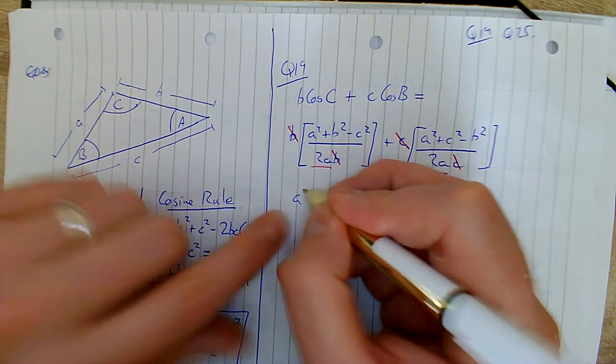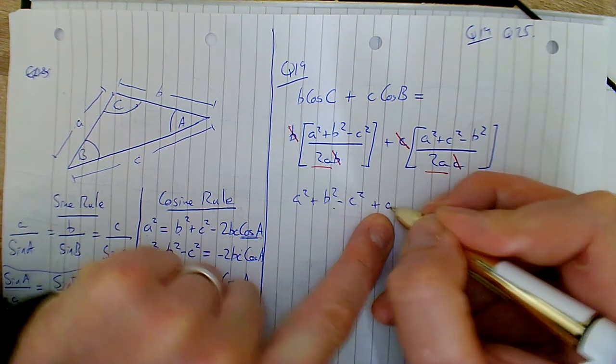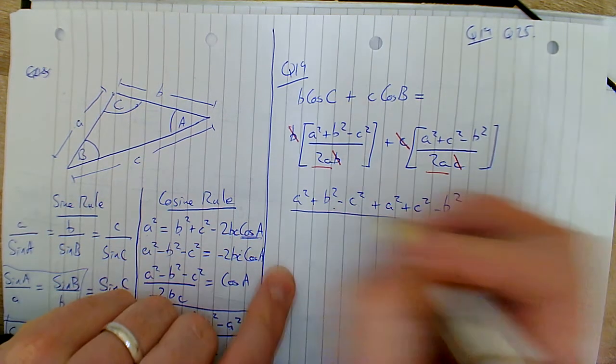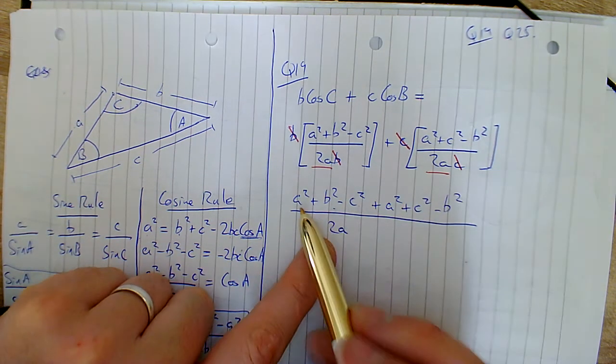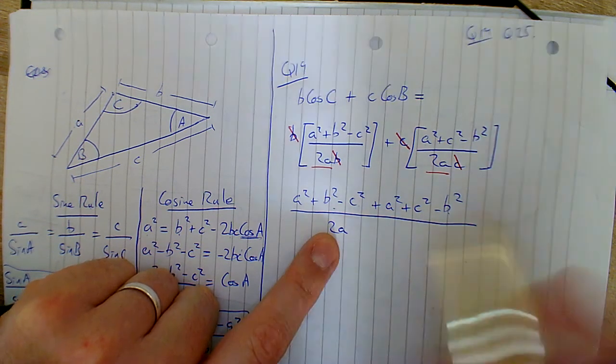So you're left with 2a squared over 2a. 2's cancel, a's cancel, and you're left with just a. So that tidied up. And sorry, I said I'd have a look at question 25 as well, and I'll finish then.